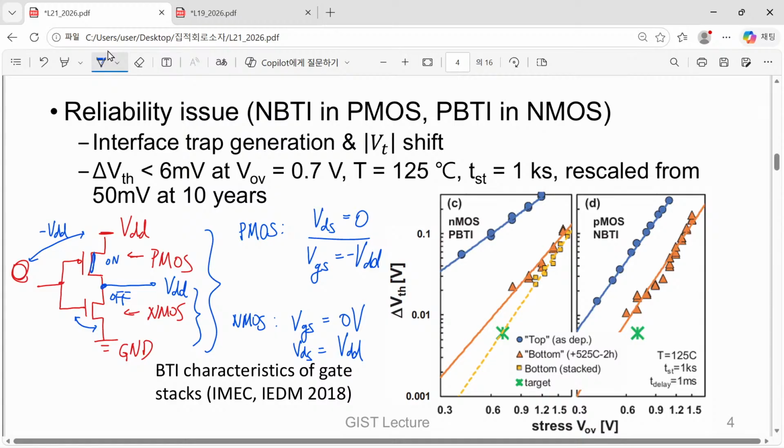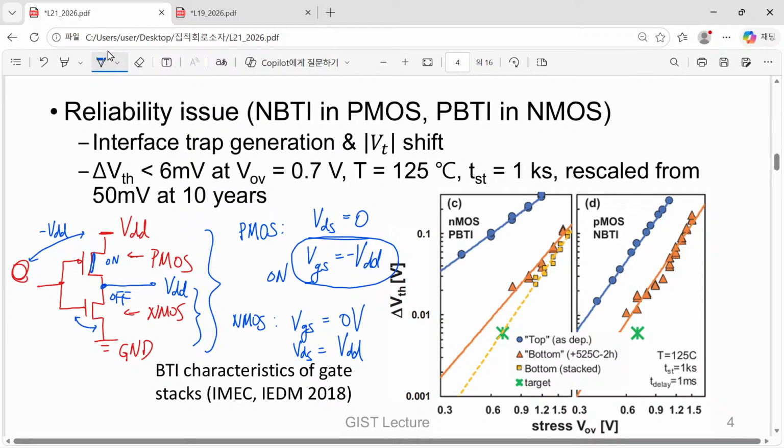So in this case, the P MOSFET experiences certain conditions like this. I have almost no difference between source voltage and drain voltage, and instead my gate voltage is biased to 0, so my VGS becomes minus VDD, a highly turned-on P MOSFET.